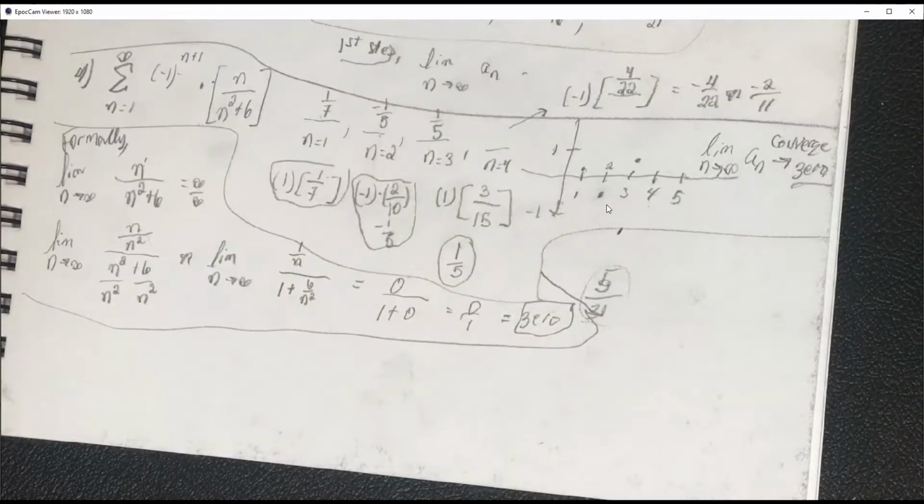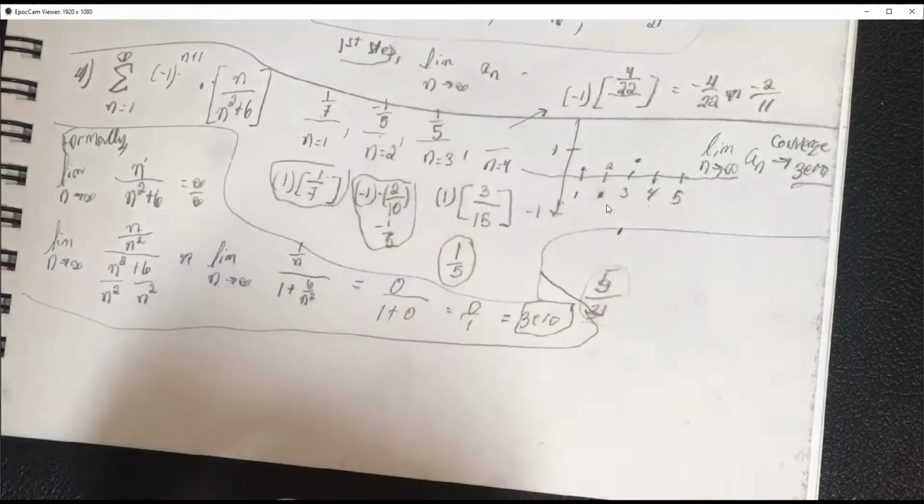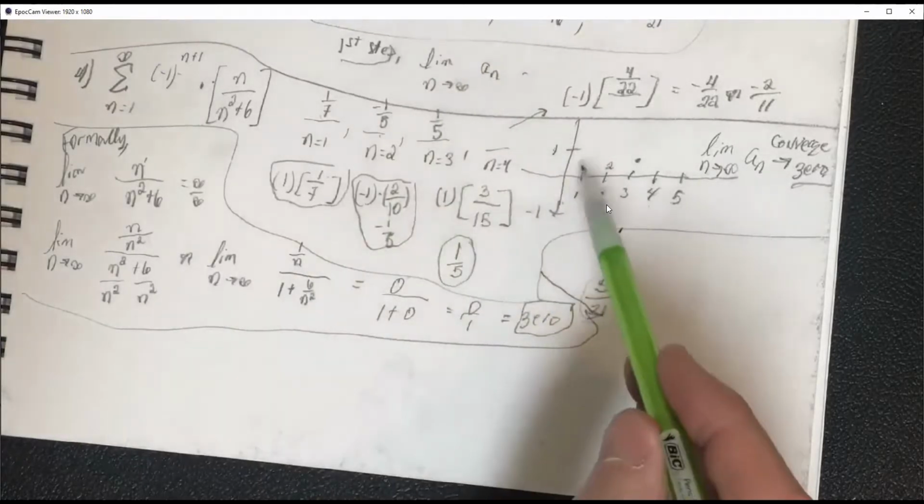Integral series test was the second test we learned. Well, to use the integral series test, Denise, what were the 3 conditions that have to be met? It has to be positive, continuous, and decreasing. Good. And what about these terms right here?